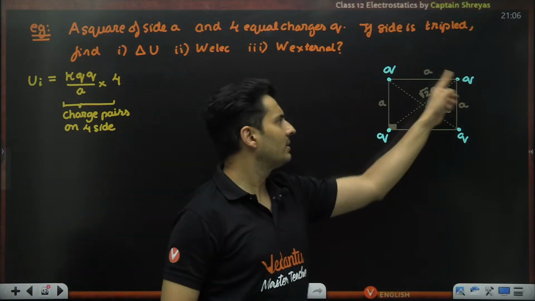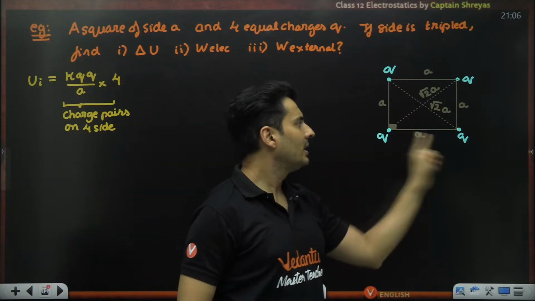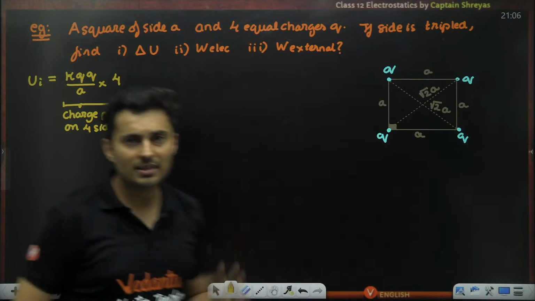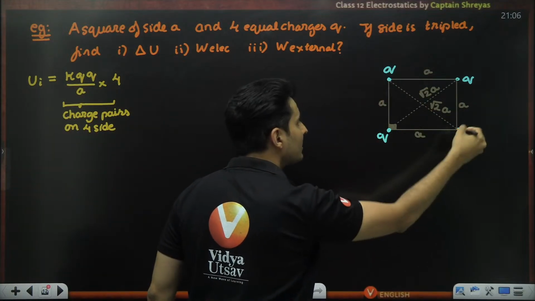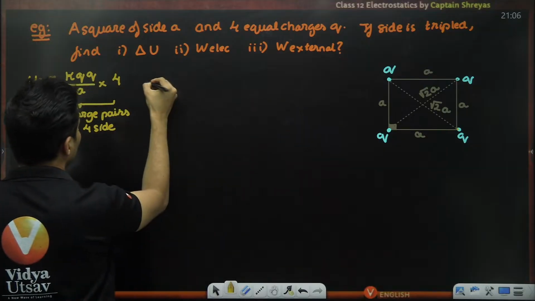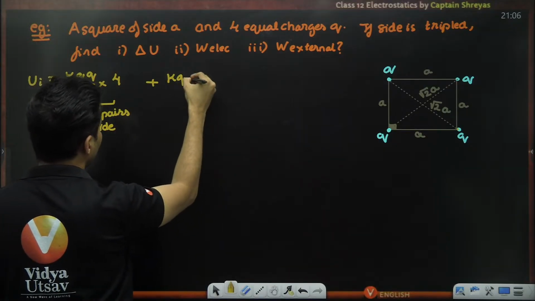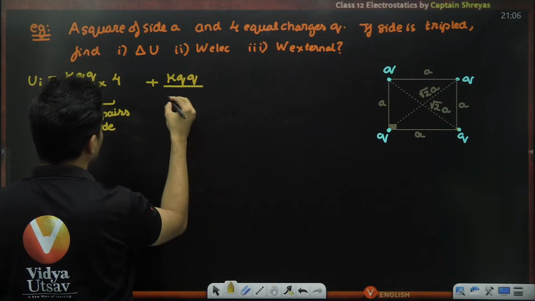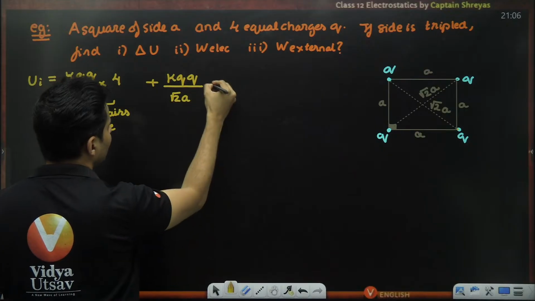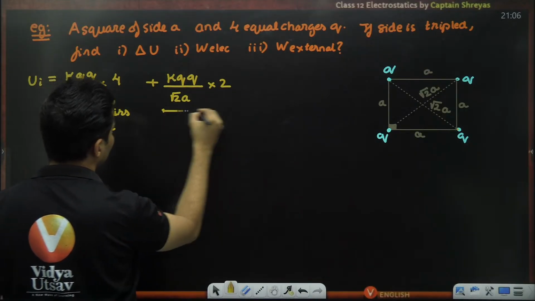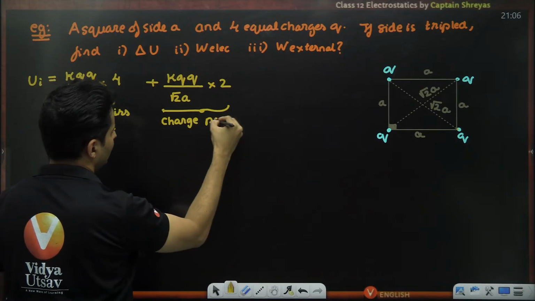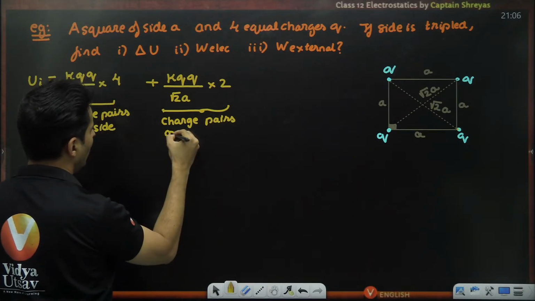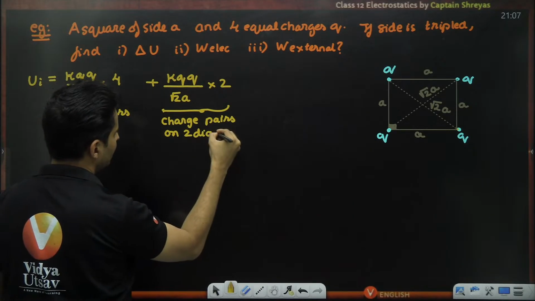A is same, charges are also the same. There are also 2 diagonals. Distance and the charges are also same. So KQQ, the distance is root 2A. Like that, there are 2 diagonals. So this is for the charge pairs on the 2 diagonals.